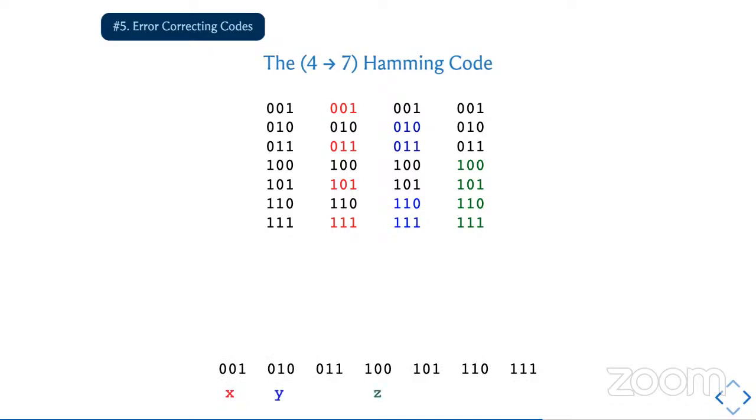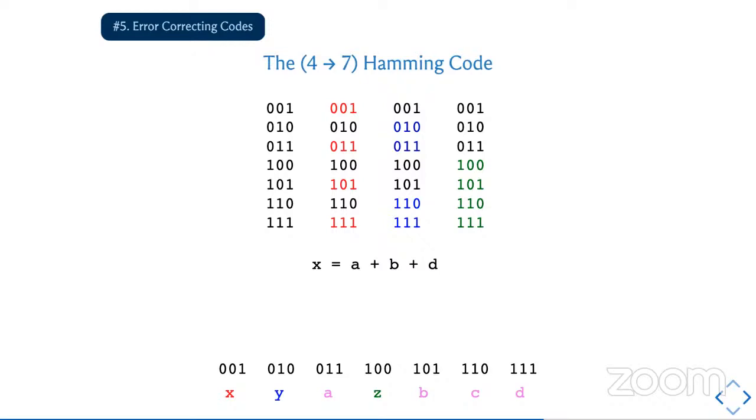So in our string, I'm going to call these bits X, Y, and Z. And the remaining 4 bits, that's where we're going to squeeze in our message, A, B, C, D. Now our parity checks are going to be X equals A plus B plus D. Why is that?